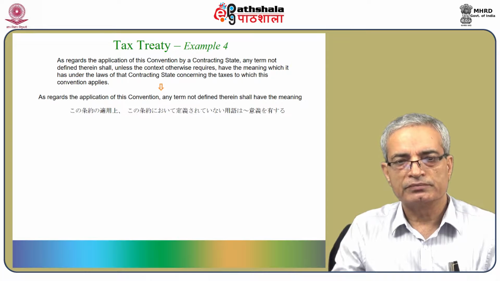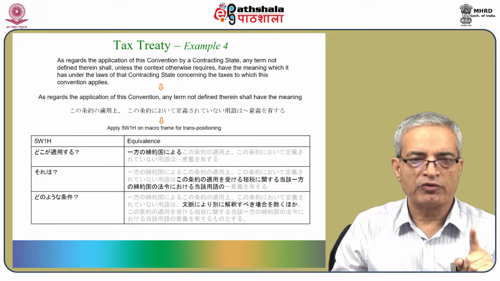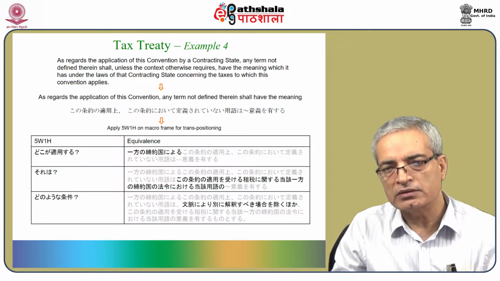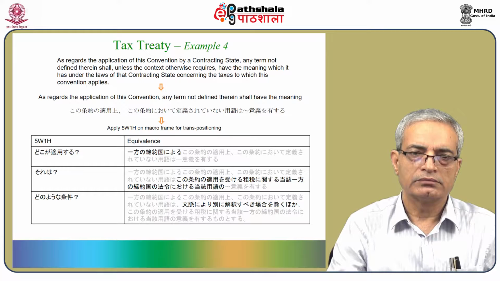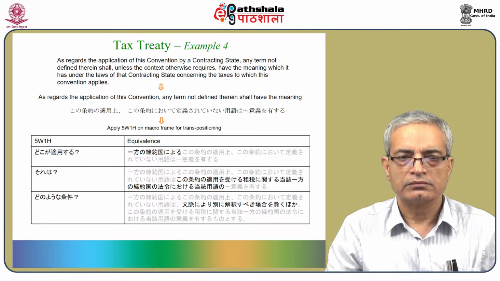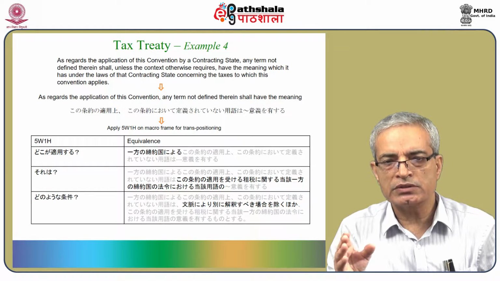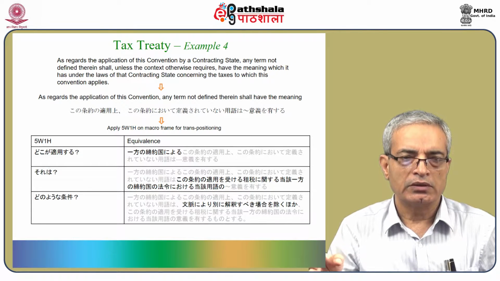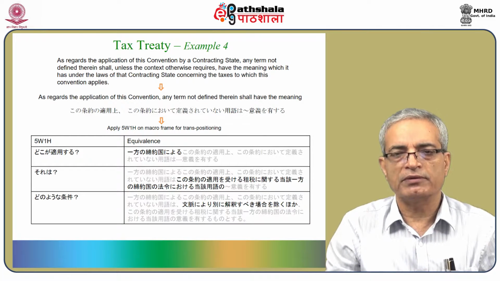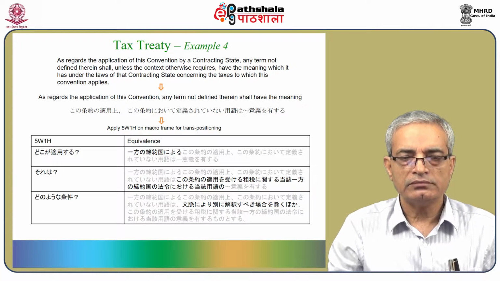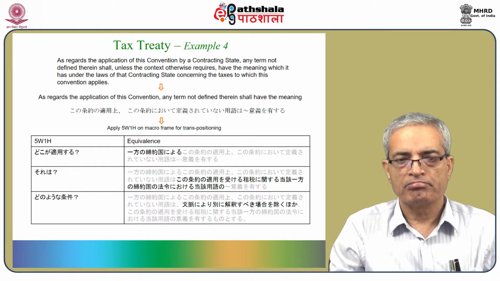This was the original English, and we started with the frame. Let's join the other one, using the microframe for transpositioning. どこが適用する and I don't think I can read it, so can you help Anu? 一方の締約国によるこの条約の適用上、この条約において定義されていない用語は意義を有する。 So どこが適用する is actually 一方の締約国による, and what is that? それは answer is この条約の適用を受ける租税に関する当該一方の締約国の法令における当該用語の.